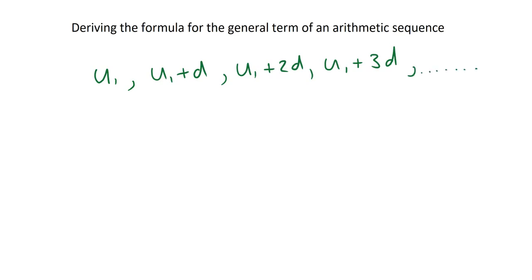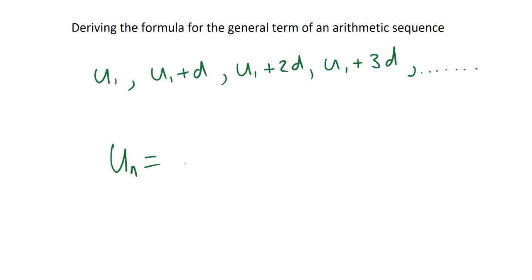So that's one way you could think about an arithmetic sequence. Now, can we generalize this to work out the formula for any term? Let's call that UN, so we're looking for the nth term. Maybe it's 5, maybe it's 10, maybe it's 100, whatever we're looking for.